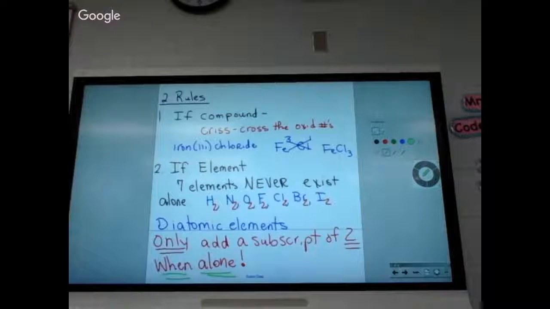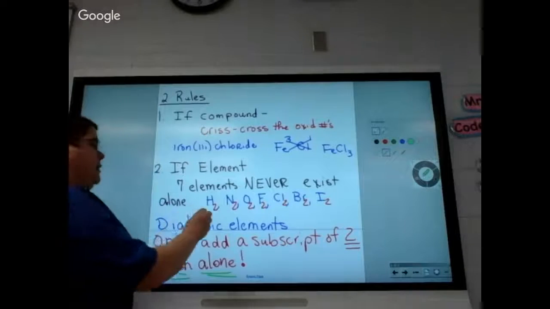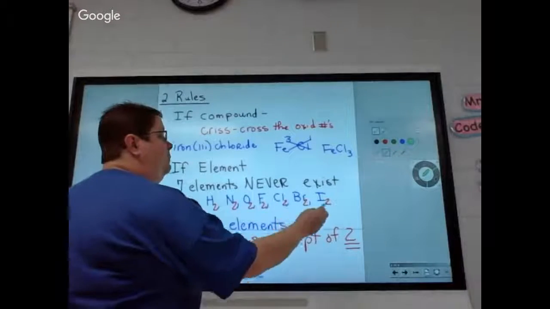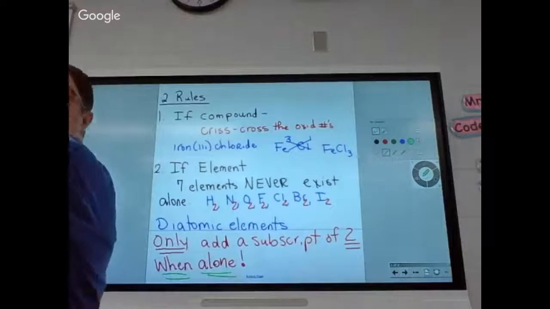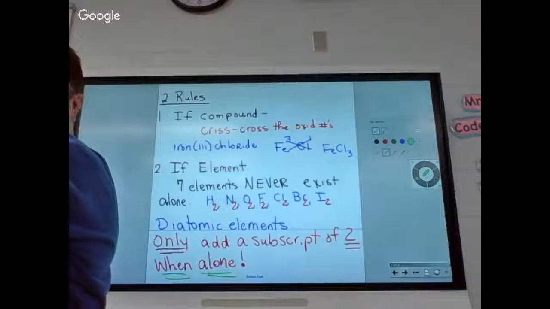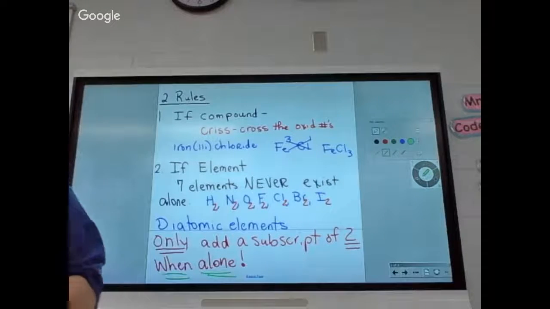If y'all go to the prom, watch to see the girls go to the bathroom. They never go by themselves. They go in herds. These little elements are girls. The other elements on the periodic table are the boys. They can be by themselves.